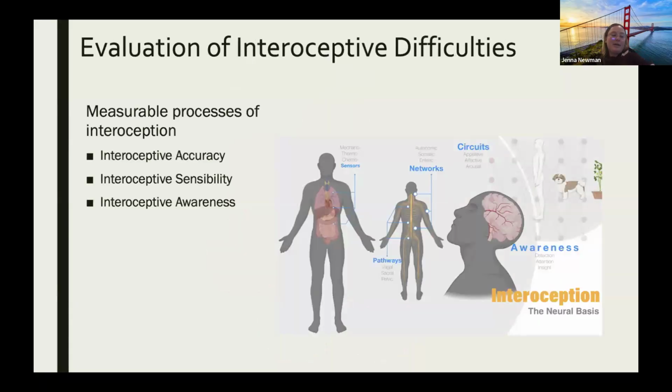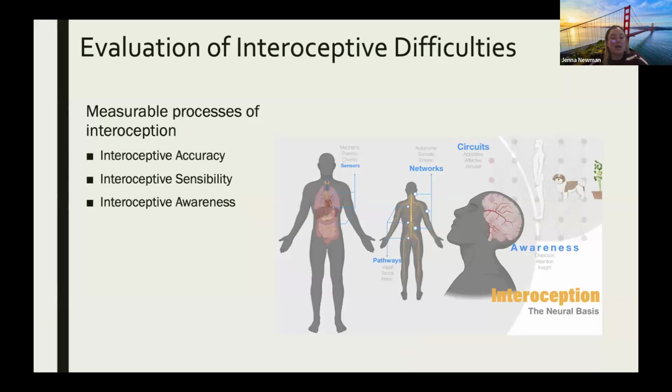Interoception consists of three measurable processes. Before we get into how to evaluate for interoceptive difficulties, it's important to first understand the areas in which interoception can be impacted. So there's three steps to the overall sensation of interoception. The first is what is called interoceptive accuracy.